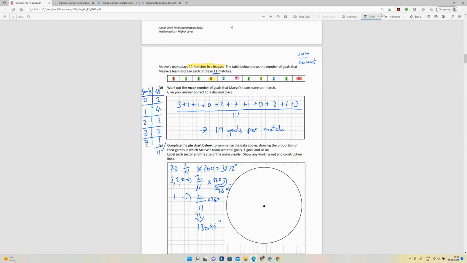Okay, so let's take the number one, the most frequent one first. So again, I'm going to do this roughly, but you'll be doing this with your protractor. So let's assume that's a perfectly straight line. So the first one, so that's 90. So the first one is 130.